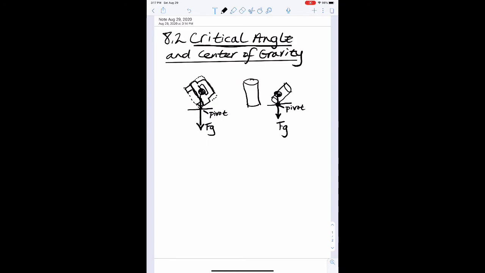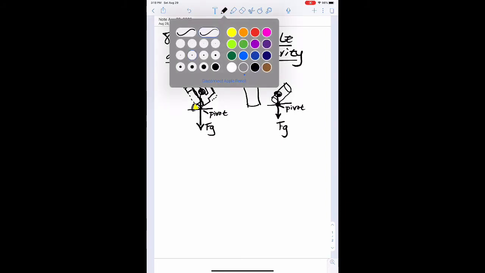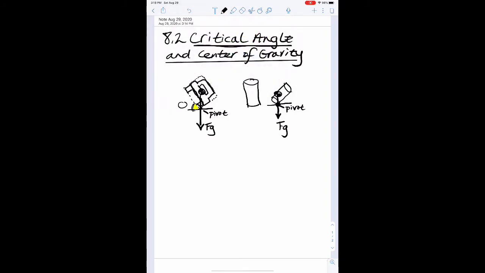And it creates an angle right here, which we can call, I don't know if I can get another color here. This angle right here we can call the critical angle, theta sub c. And the question is, well, what is that angle?